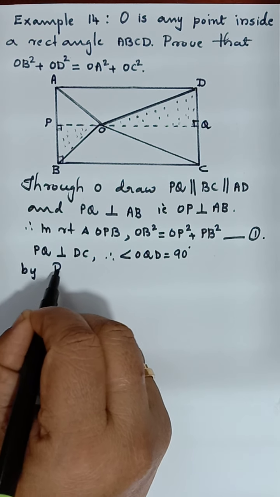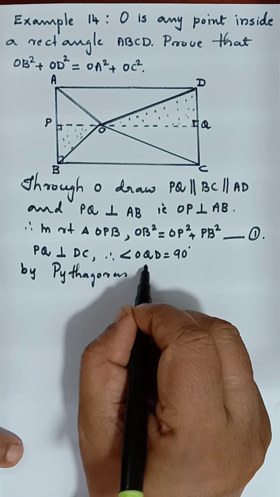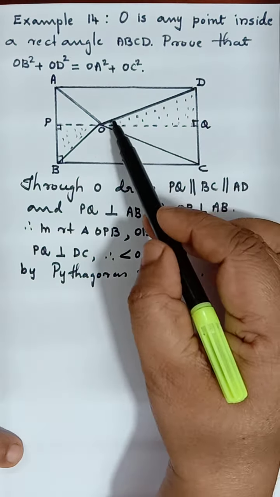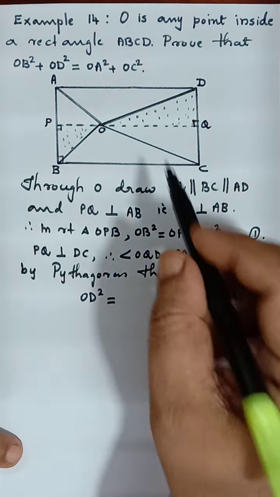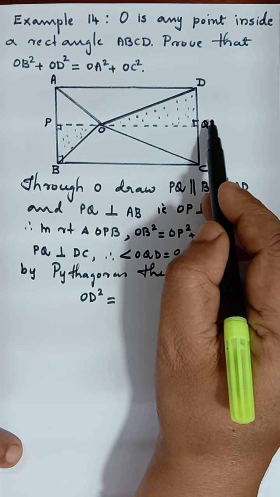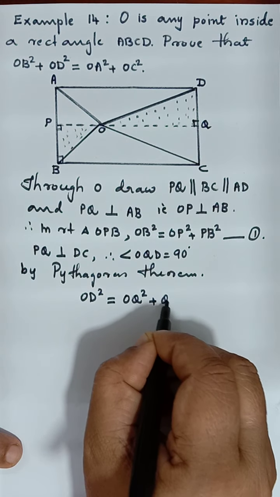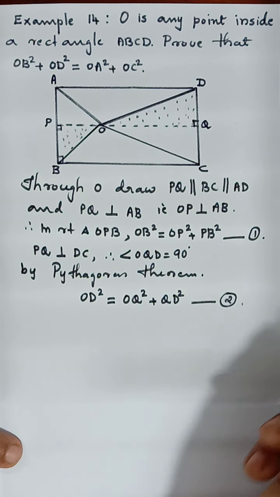By Pythagoras theorem, OD square is equal to OQ square plus QD square. This is equation number 2.